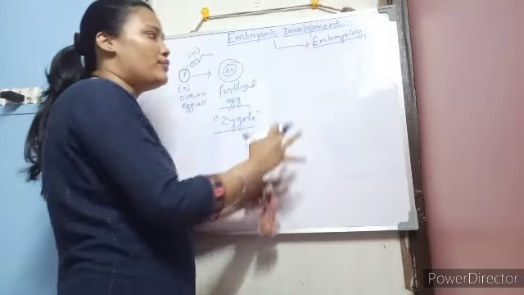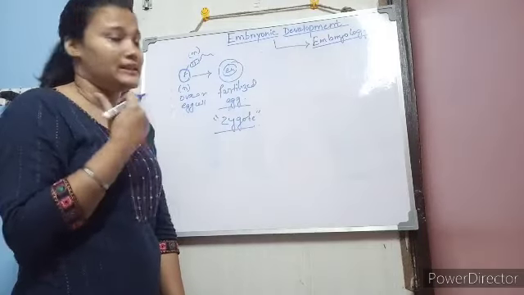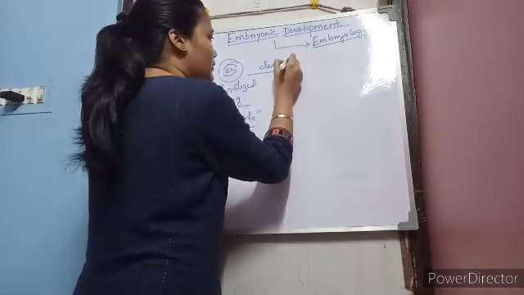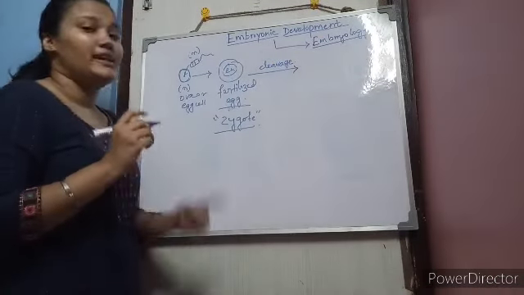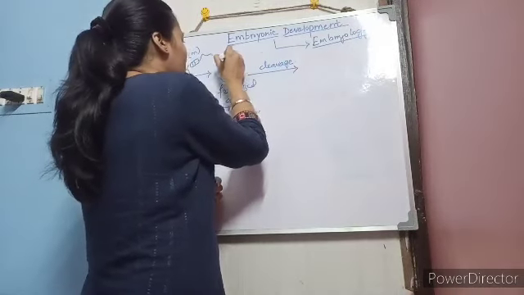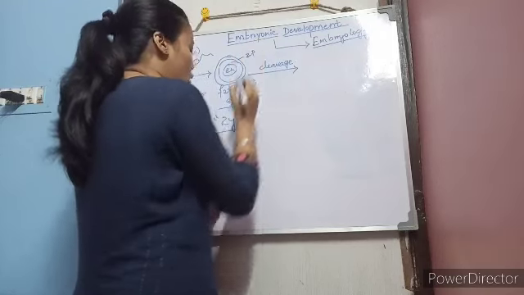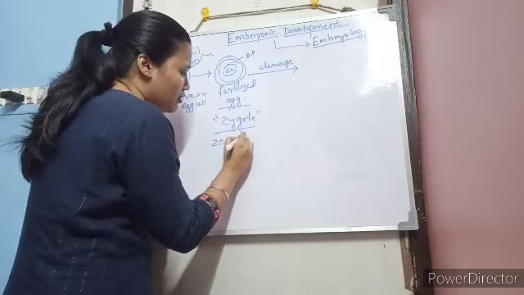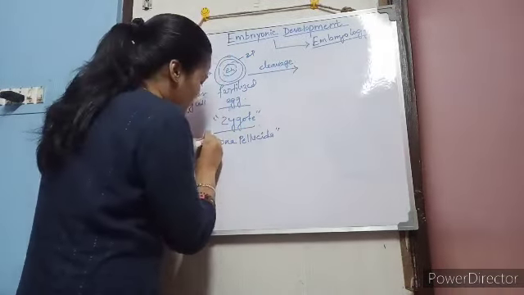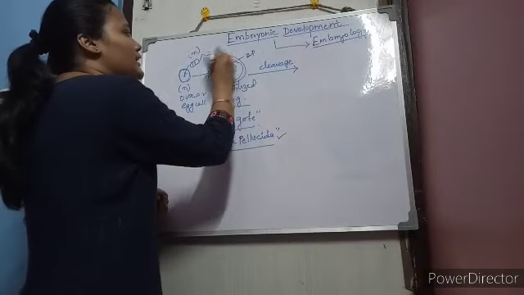Now after the fertilization, this cell undergoes a number of developmental changes. First of all, cleavage takes place. What is cleavage? This cell is surrounded by a layer, the ZP or zona pellucida. Zona pellucida protects the egg from the external environment.